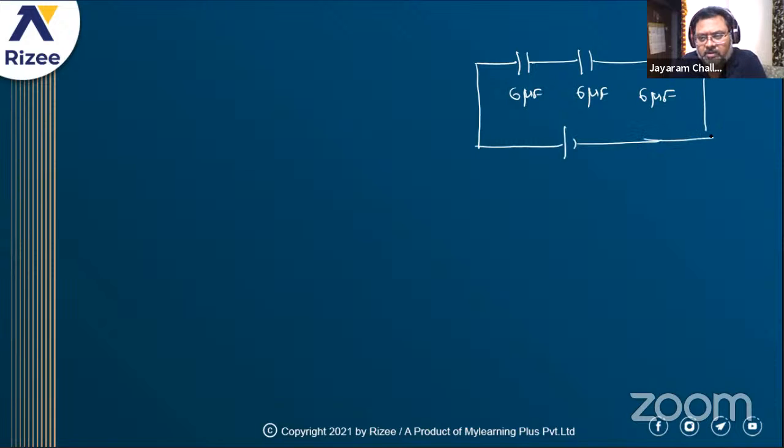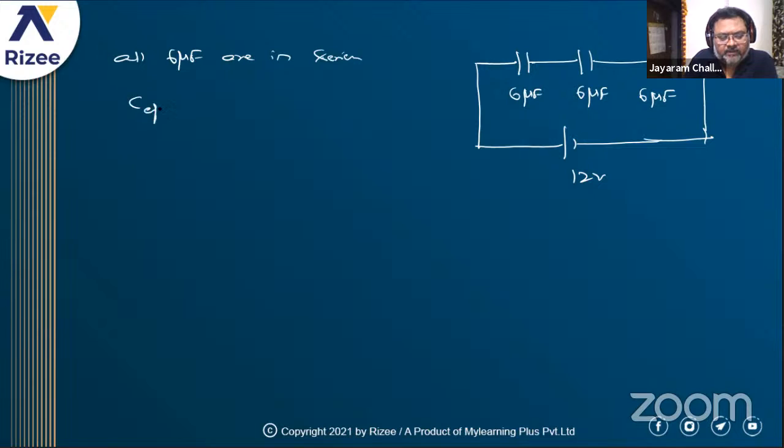Now, since all are 6 microfarad, C effective will be 6 by 3, which is equal to 2 microfarad. This is the final effective.